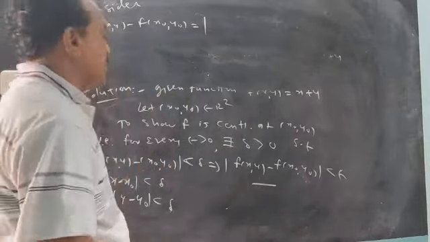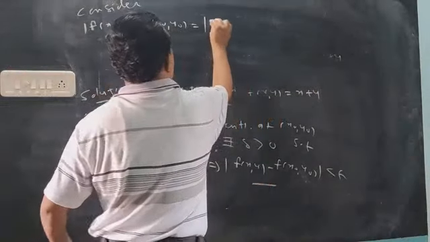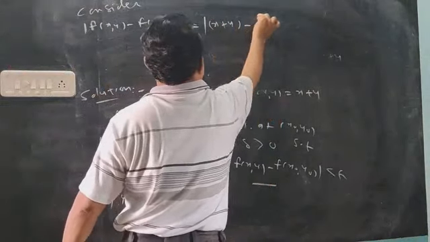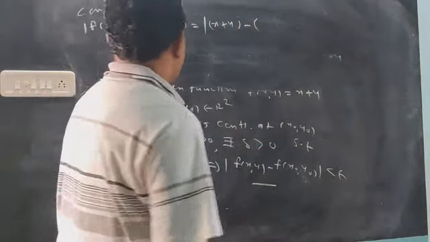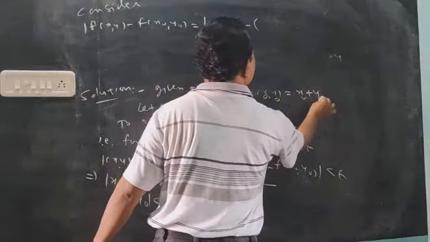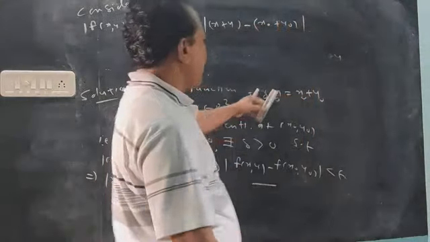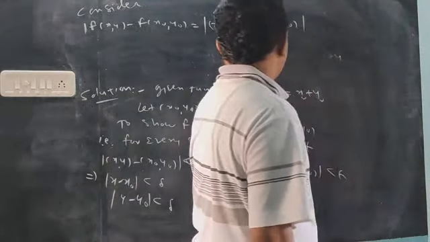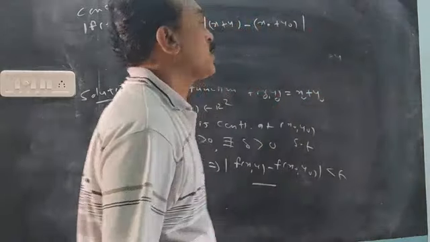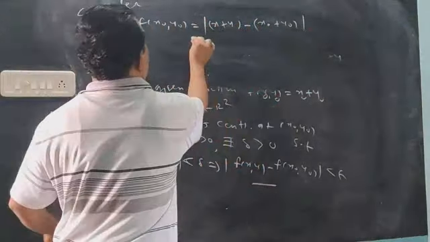Epsilon does not come automatically; it is a choice. So the function is what? x plus y. The value in the case of x0 and y0 is x0 plus y0. F of xy is x plus y, and f of x0 y0 is x0 plus y0.